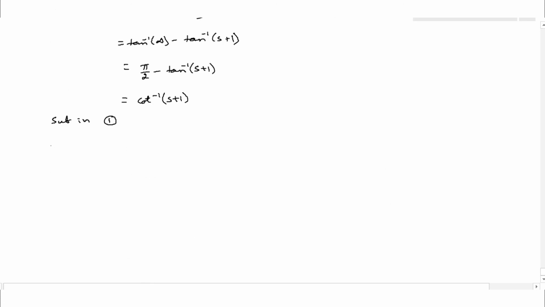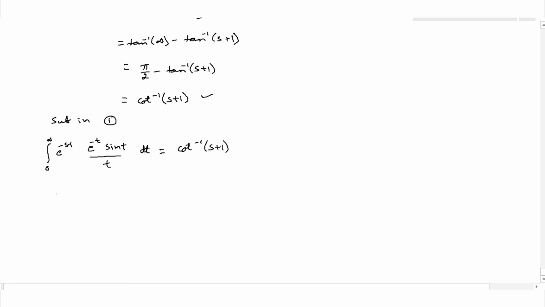Therefore we have the integral from 0 to infinity of e to the power minus st times e to the power minus t sin t, whole divided by t, into dt. That will be equal to what we have already evaluated, whose value is cot inverse of s plus 1.